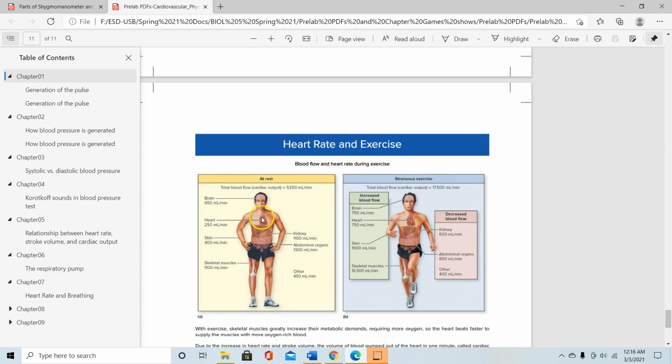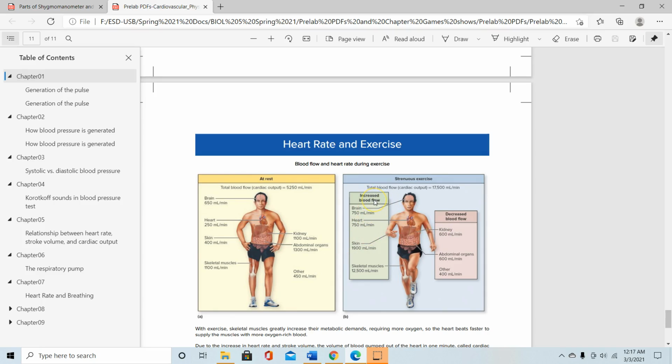When you're resting, your brain gets 650 ml per minute, your heart gets 250, skin 400, kidney 1100, abdominal organs 1300, other organs 450, and most importantly, skeletal muscle 1100 ml per minute.